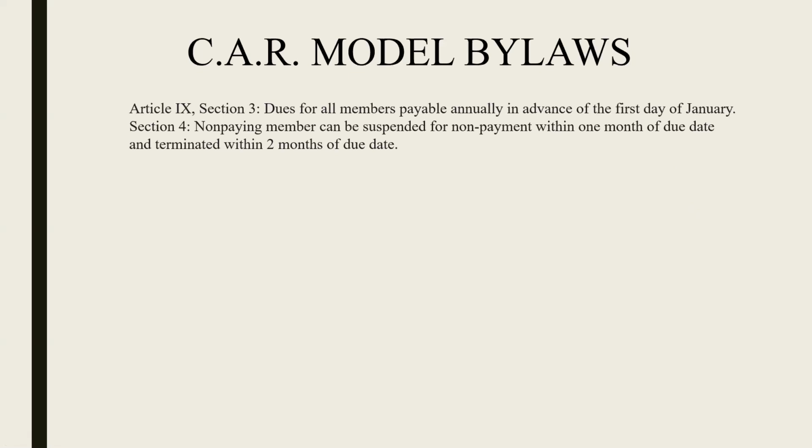In Article 9, Section 3, it says dues for all members are payable annually in advance of the first day of January. Then Section 4 says non-paying members can be suspended for non-payment within 1 month of the due date and then terminated within 2 months of the due date.